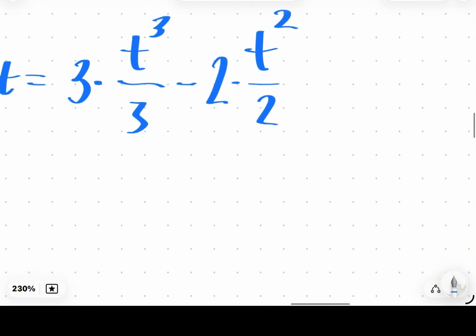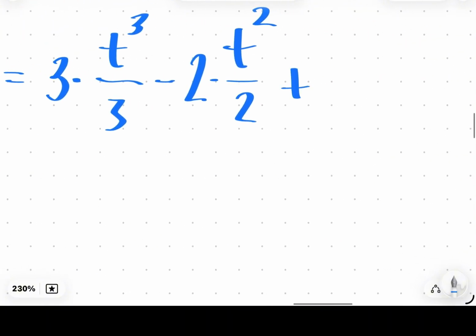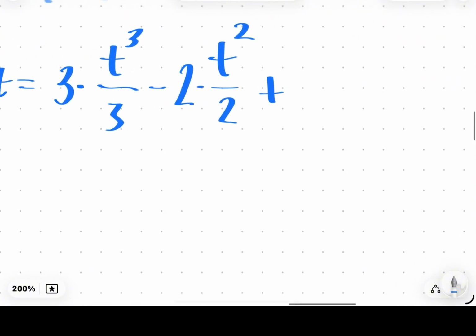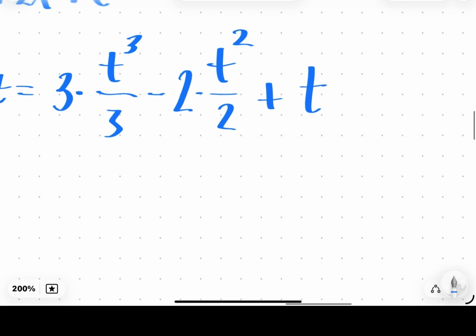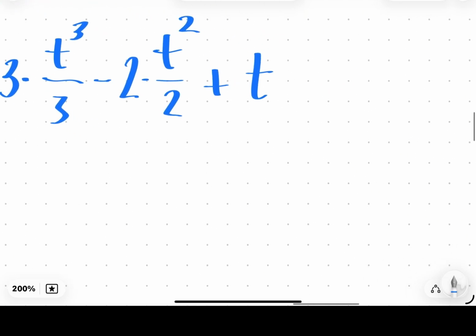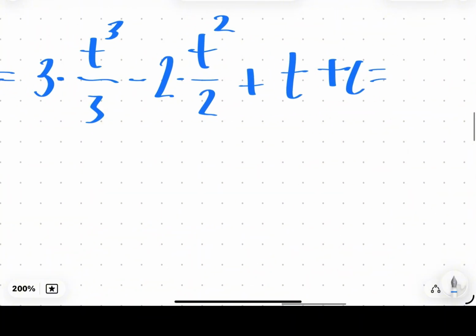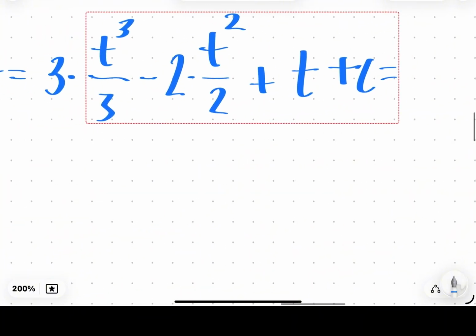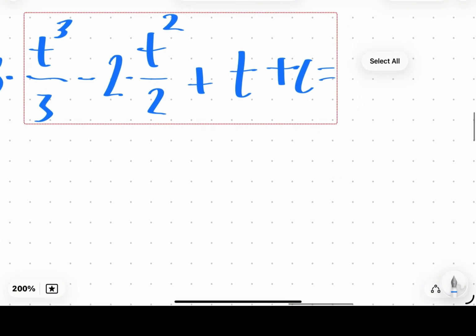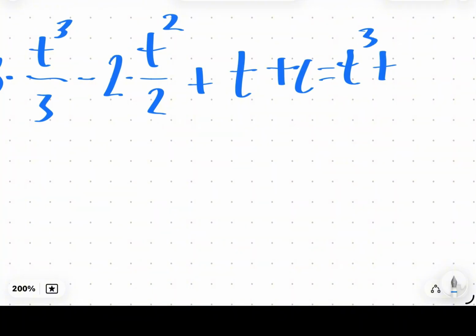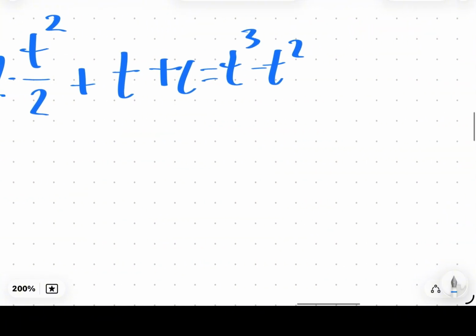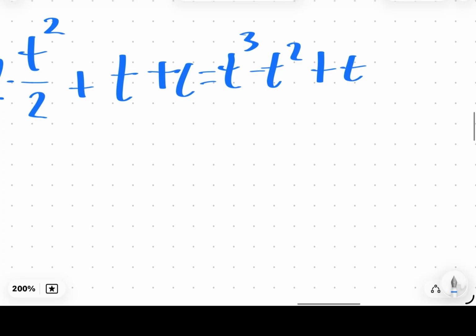And then the integral of 1 is the same as last time, you just put the variable, so t, and then of course, don't forget plus c. To simplify this, the 3's cancel out, the 2's cancel out. So it's t cubed minus 2t squared plus t plus c.